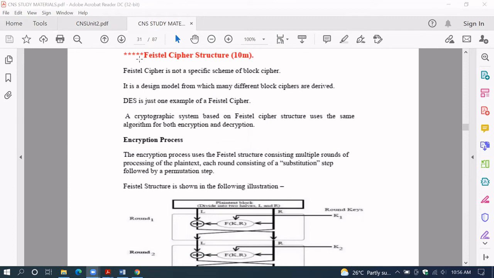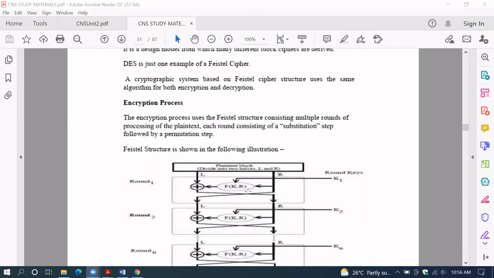Next is Feistel cipher structure. Let me come to 10 marks. Feistel cipher structure is not a specific scheme of block cipher. It is a design model from which many different block ciphers are derived. Especially there is an encryption algorithm called DES, the Data Encryption Standard.